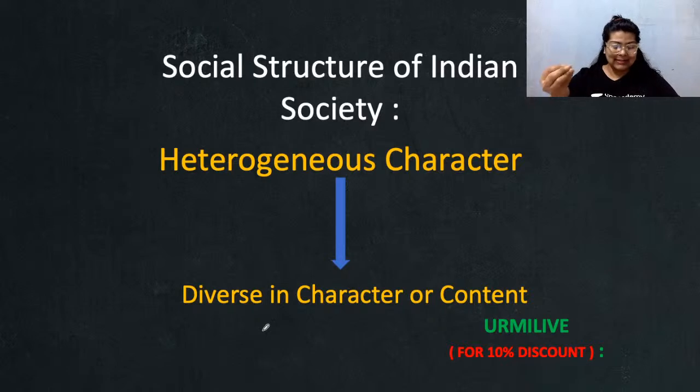That is basically being of different kinds, having different dimensions, like more than one. When I'm saying heterogeneous, that is more than one. It can have different kinds of dimensions. You got it? Any doubts, beta? Is heterogeneous clear?